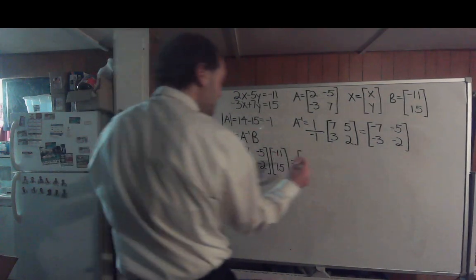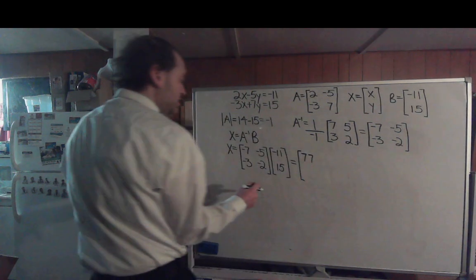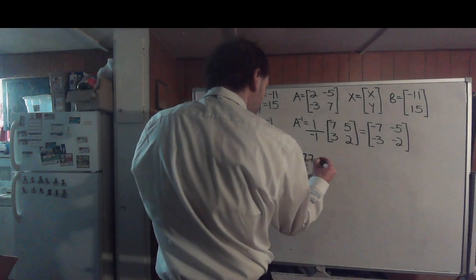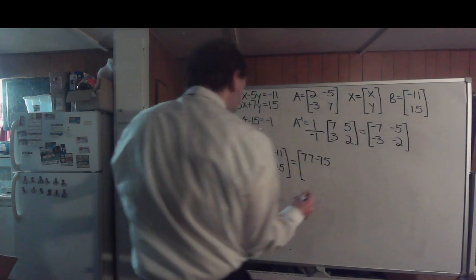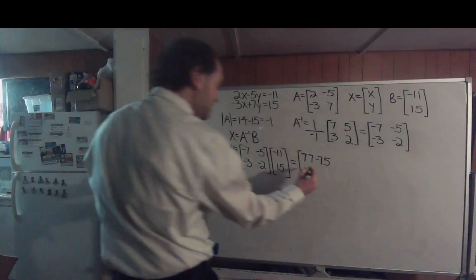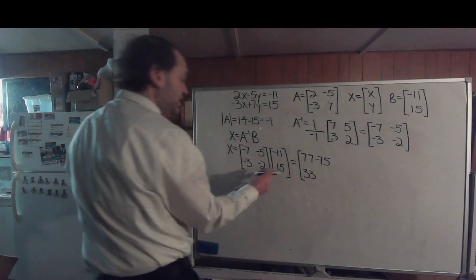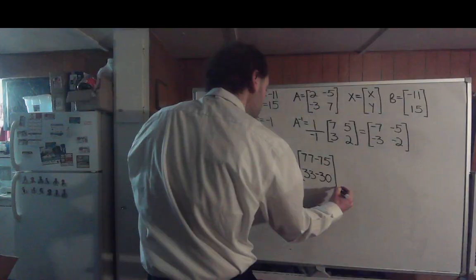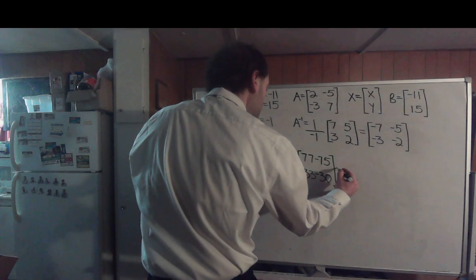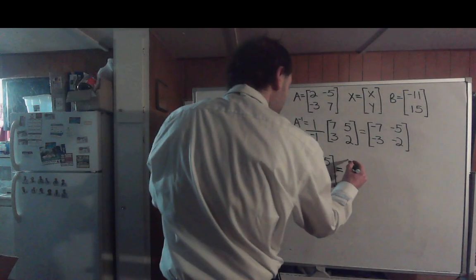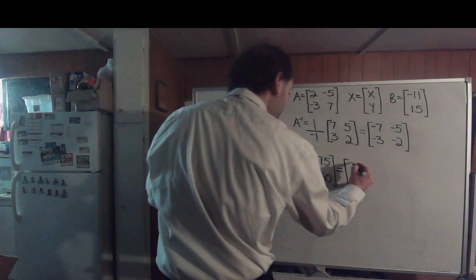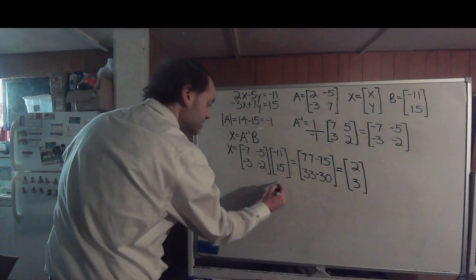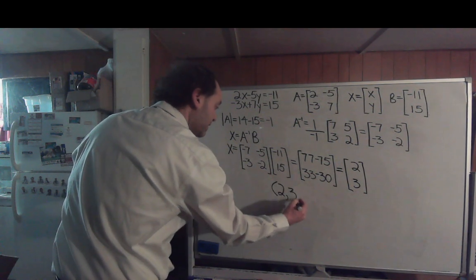Negative 7 times negative 11 is 77, plus negative 5 times 15, well, that's going to be minus 75. And then we have negative 3 times negative 11 is 33, plus negative 2 times 15, that'd be minus 30. So in short, you'll end up getting your X matrix having a value of 2, then 3. So the ordered pair that would be the solution to this system would be 2, 3.